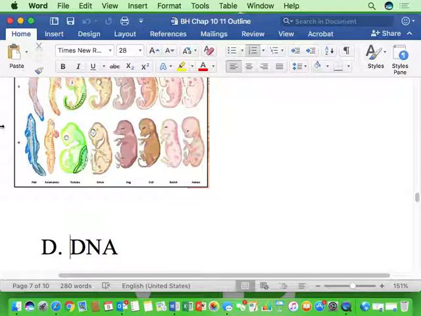Our last piece of evidence is DNA. All right, so looking at the sequences of DNA.